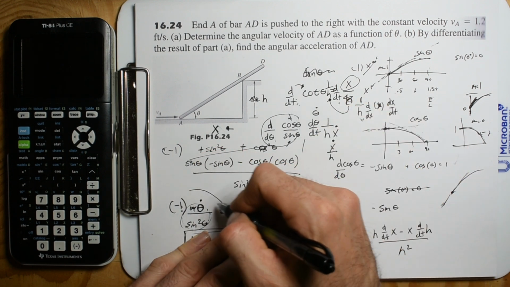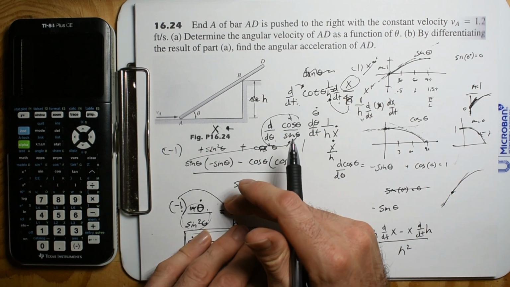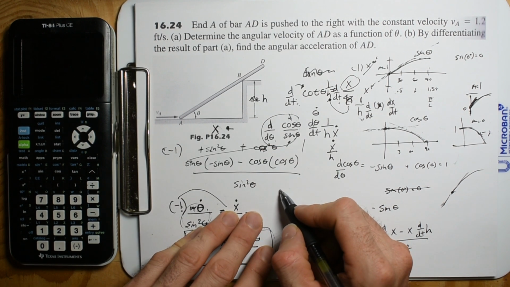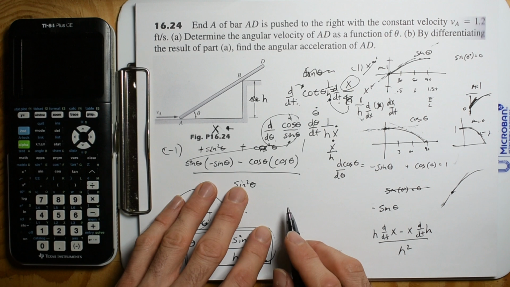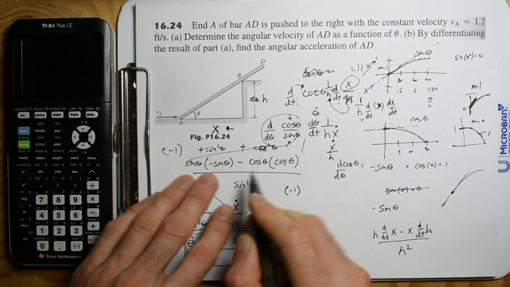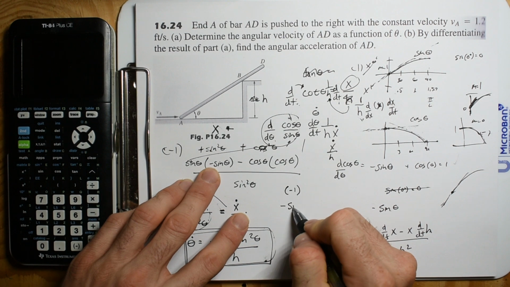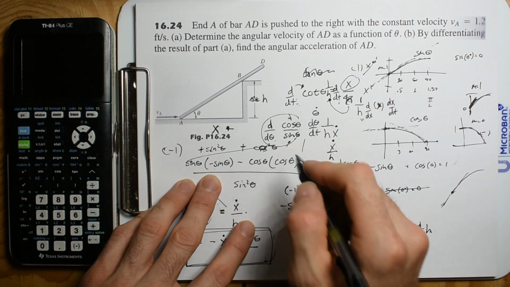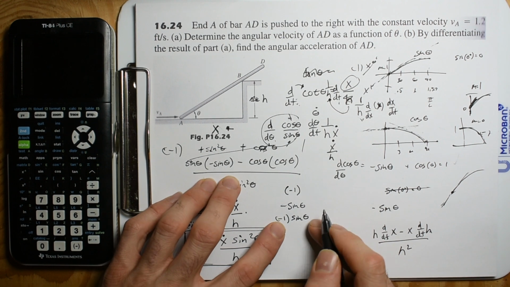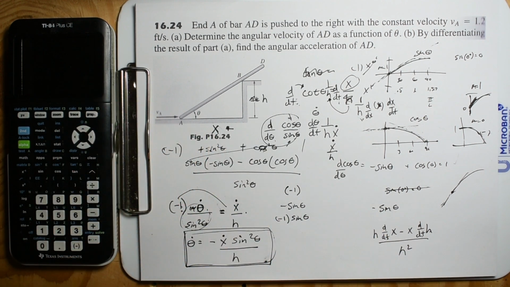So it's really easy to bring negatives from left to right. But I've been making fewer errors by, any time I have a negative, just doing -1. Like, see this, negative sine theta, I'm going to mess up on that. So just make it -1 times sine theta.